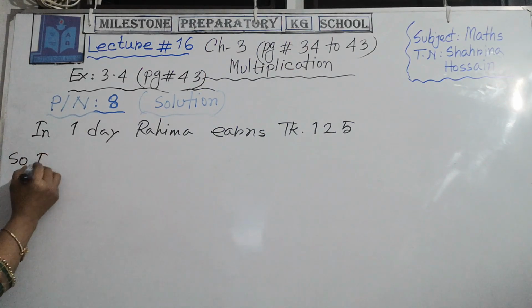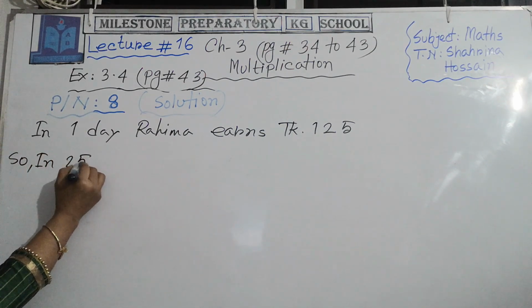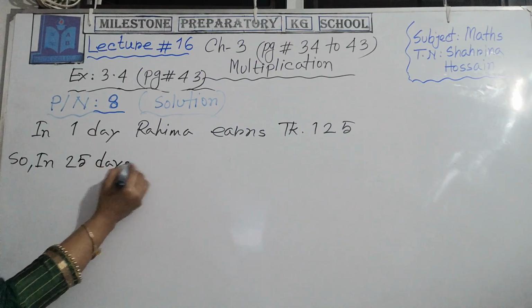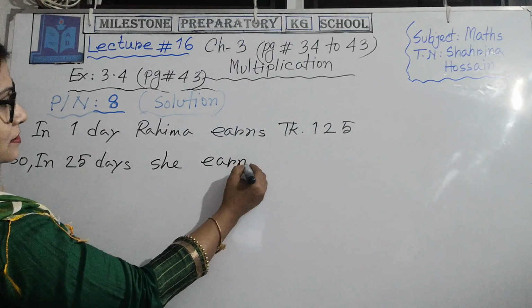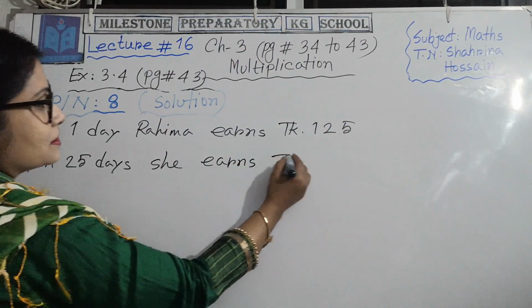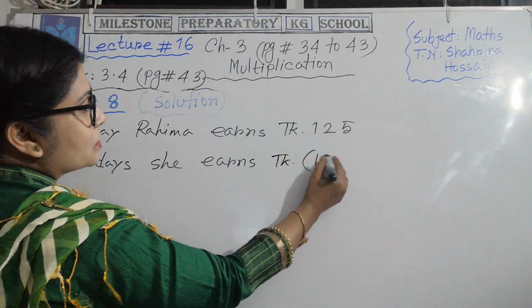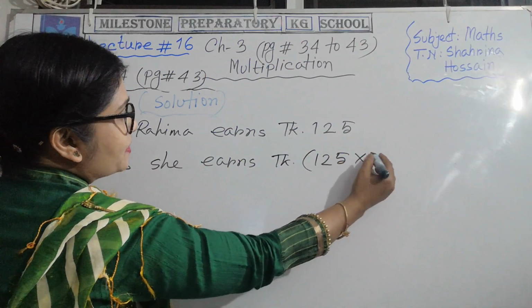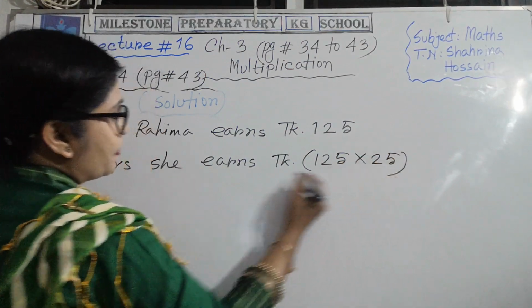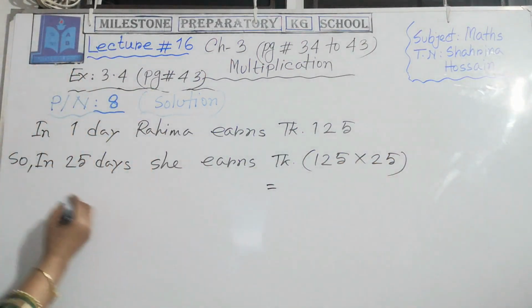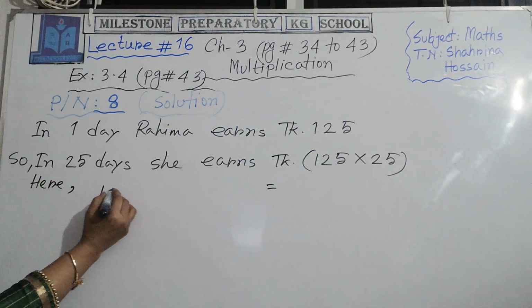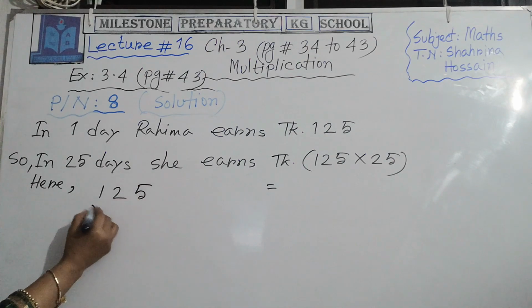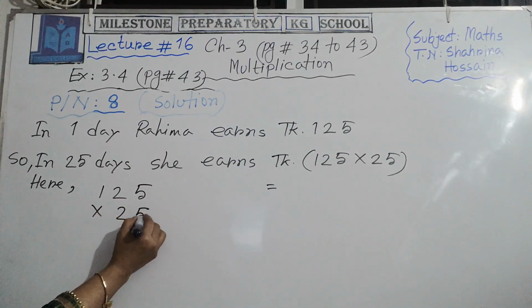So in 25 days she earned taka 125 multiplied by 25. So answer here: 125 multiplied by 25.